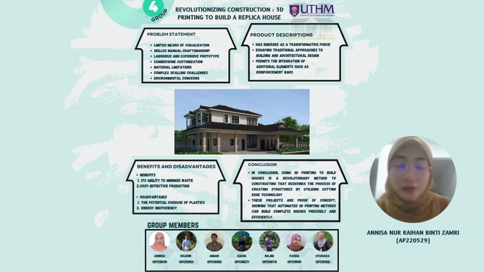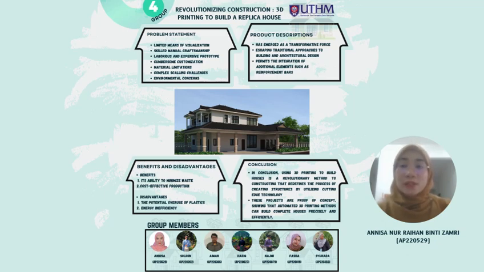And lastly, I would like to talk about the environmental concern. The replication process using traditional construction methods significantly contributed to environmental concern. Material wastage, high energy consumption, and the environmental impact of sourcing and transporting material underscore the inefficiency inherent in the pre-3D printing era.